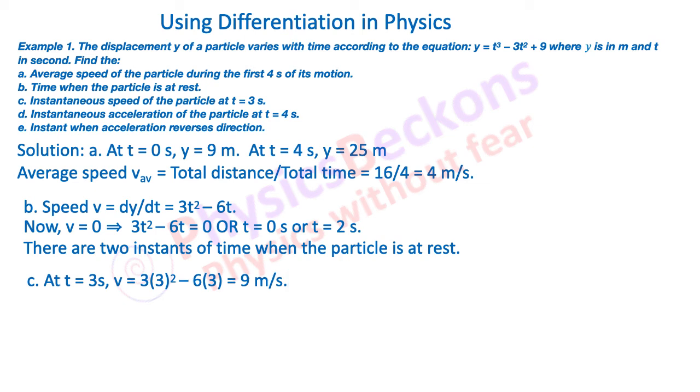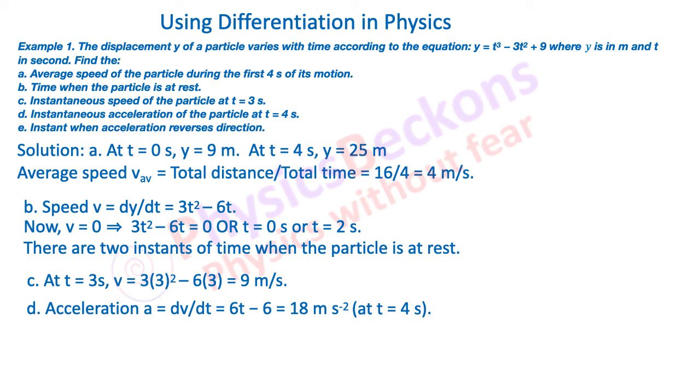You already have the expression for speed as 3t square minus 6t. Simply put t equal to 3 seconds to get the speed at this instant, which comes out to be 9 meter per second.